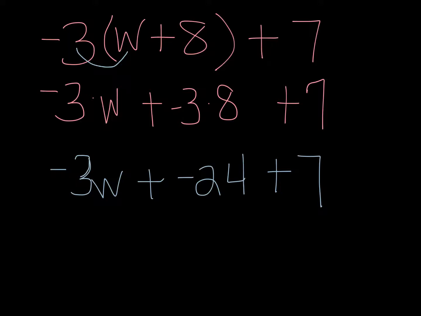So now I'm going to be left with negative 3w, and then negative 24 plus 7. So that's going to give me plus a negative, think about it, what's it going to give me? Did you get negative 17? That's what you should have gotten.